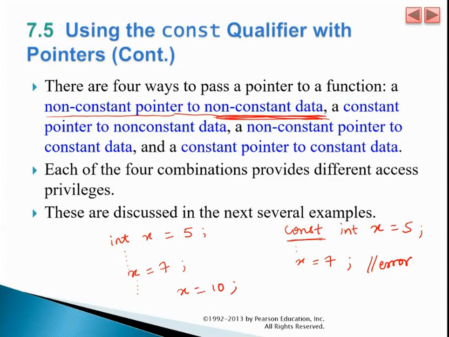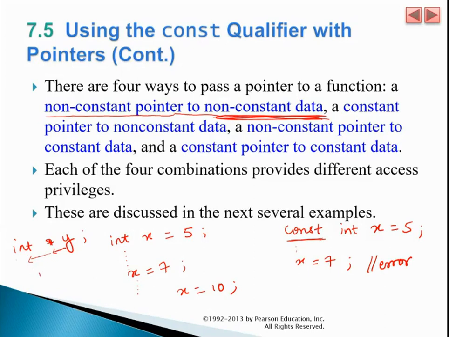Now, what do you mean by constant and non-constant pointers? Let's say I declare int pointer y. How to read it? y is a pointer of integer type, so it can point to an integer variable.